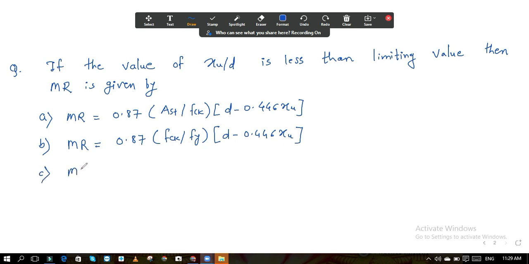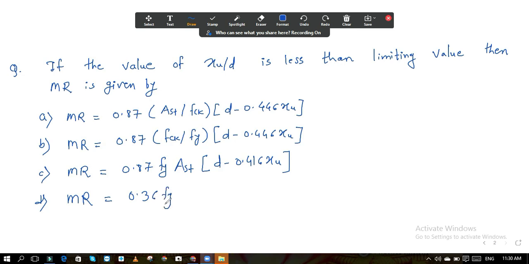Option C, MR is equal to 0.87 Fy AST into D minus 0.416 XU. The final option is MR is equal to 0.36 Fy AST into D minus 0.416 XU. So see the formula for moment of resistance and let me know the answer of this.